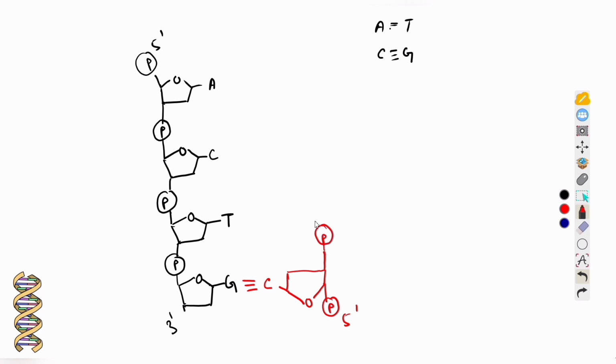Next P, again phosphorus. This is the phosphodiester bond. This will contain G, triple bond. Now P. This is the linkage, the phosphodiester linkage.